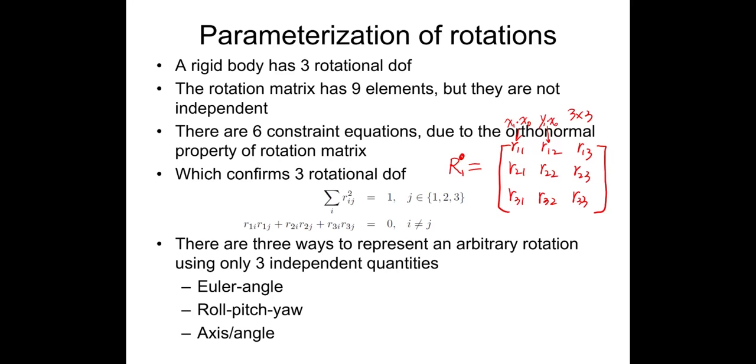Okay, so then my question is, how many independent quantities can we use to represent this 9-element rotation matrix? Based on the definition of the rotation matrix, for example R10 in this case, we can write a lot of equations because we know some of the relationships between these elements.